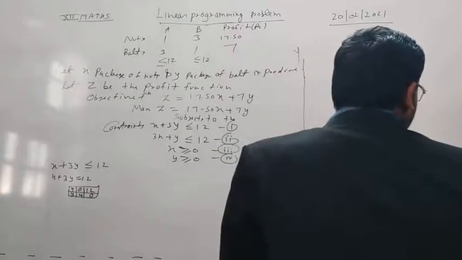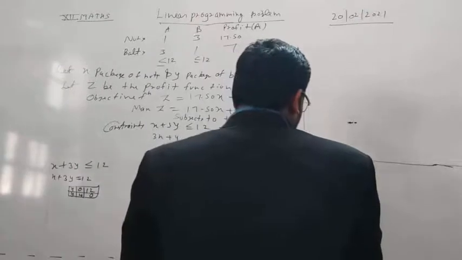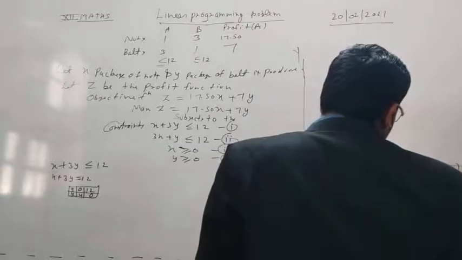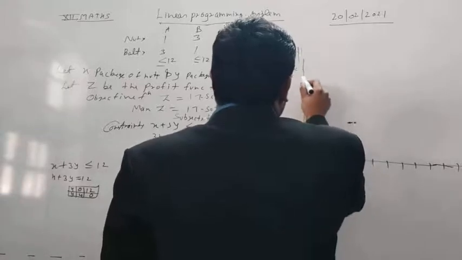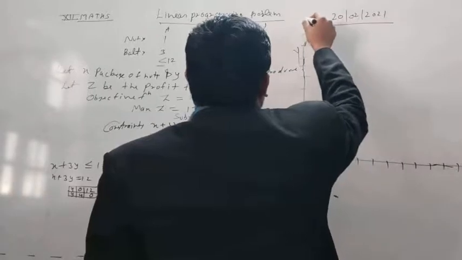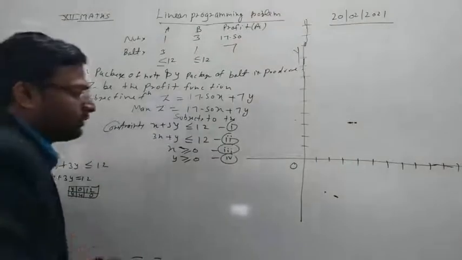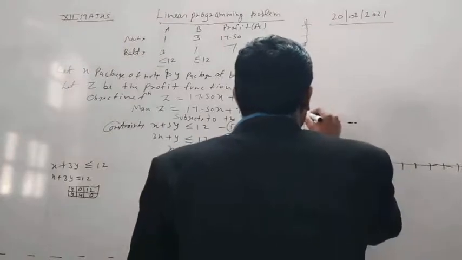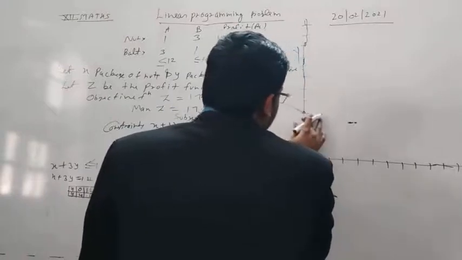Here we mark 0, 4, and 1, 2, 3, 4, 5, 6, 7, 8, 9, 10, 11, 12. So our point is 12, 0 here, and 0, 4, which is here. So students, we join these two points.